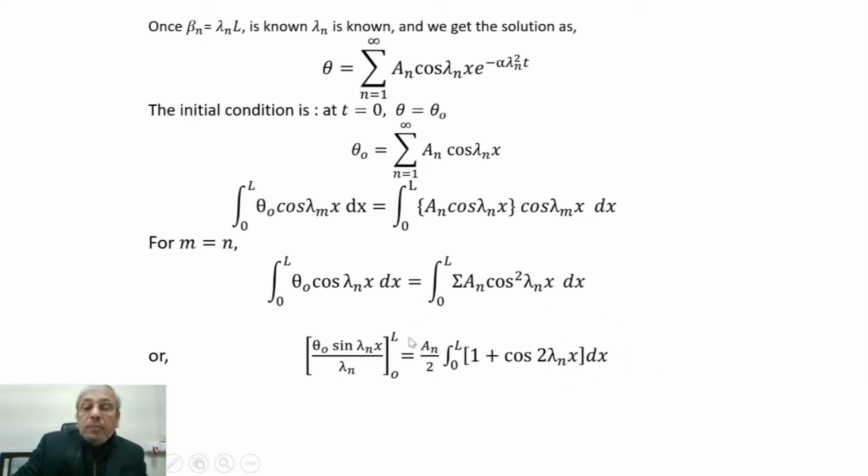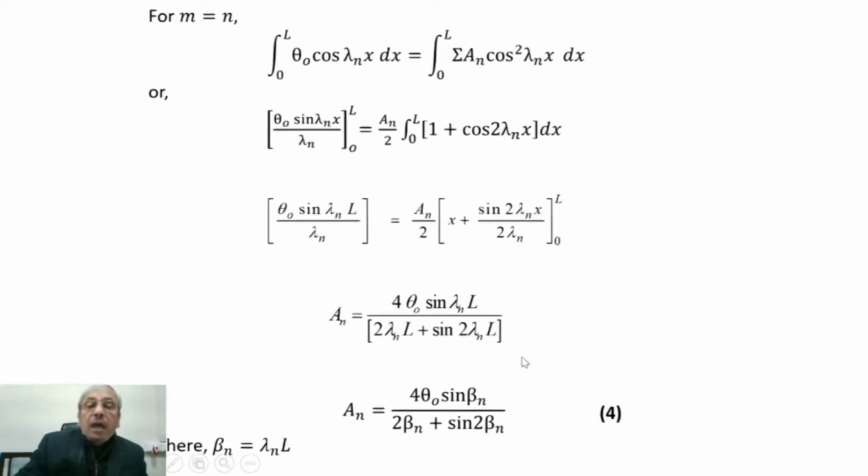So we perform this integral, and again we have repeated that step to memorize it, that basically we are performing this integral n by 2, 0 to L, 1 plus cos twice lambda n x dx, and we perform the integration again and set the upper limit and lower limit, and then we find out the value of a_n.